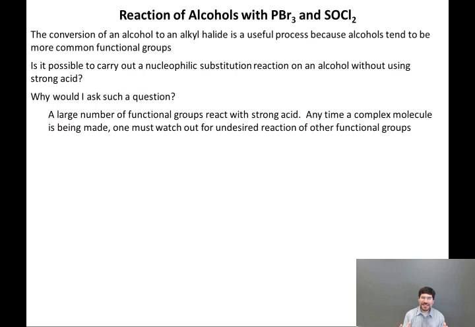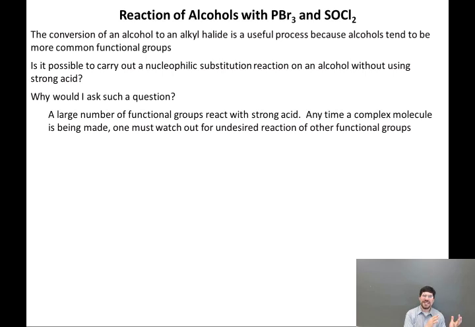And if you happen to have a molecule that has both an acetal and an alcohol, and you want to react the alcohol but not the acetal, you have to come up with a reagent that will discriminate between those two functional groups. So a lot of modern organic chemistry research is actually coming up with reagents that exhibit some level of selectivity.